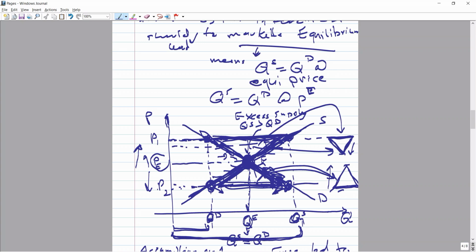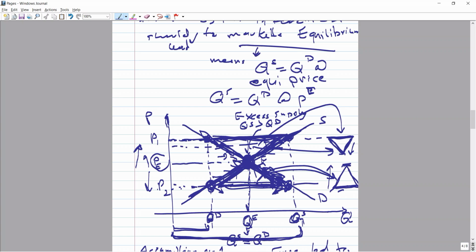In this case, the market was in shortage of products, consumers will offer high prices, and prices will be pushed up until we reach the equilibrium here again.